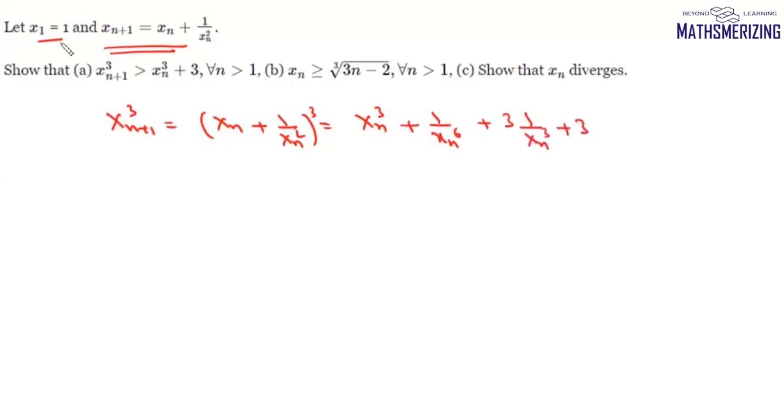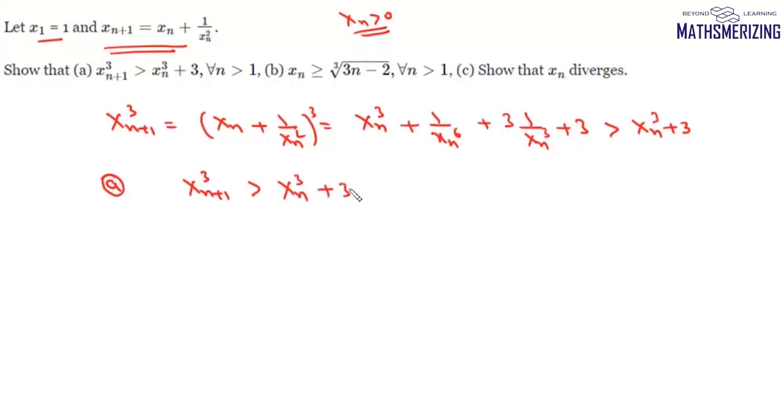Now since x1 is equal to 1 and xn plus 1 is given by this recursive relation, we can say any xn is greater than 0. And if xn is greater than 0, then xn cube plus 1 upon xn to the power 6 plus 3 upon xn cube plus 3 will always be greater than xn cube plus 3. So that's our first part of the result, which is xn plus 1 cube is greater than xn cube plus 3.